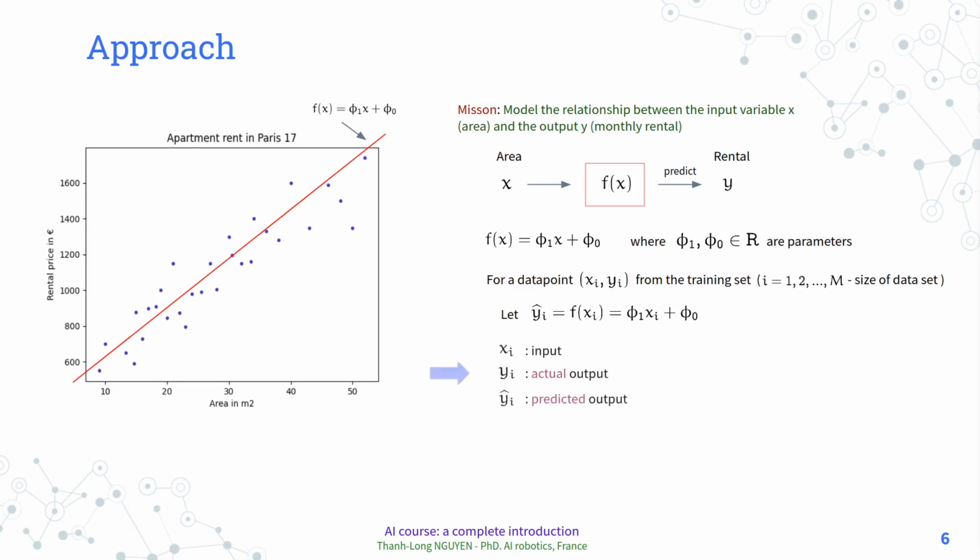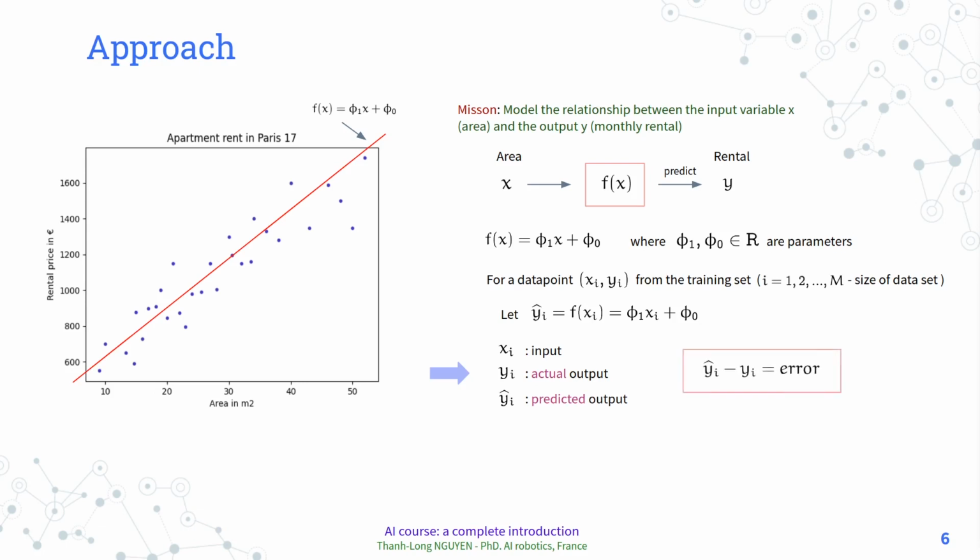In this context, xi, as you know, is our input variable, and yi is the actual output corresponding to xi, because it is the true output observed from the training set. But y hat i is called the predicted output. It is indeed the value of the function f given the input xi.